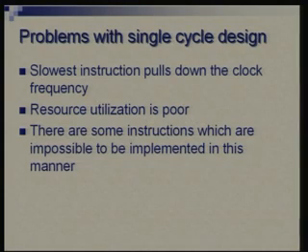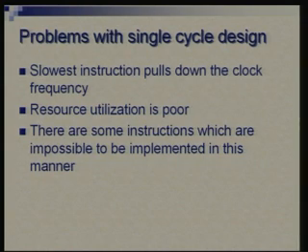Then the third question is, is it possible to do any instruction in this particular manner? We have taken very few simple instructions. Is it possible to do all instructions in a single cycle? The answer is again no. There are some instructions which necessarily require multiple steps and multiple clock cycles.